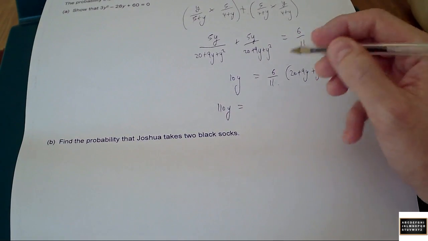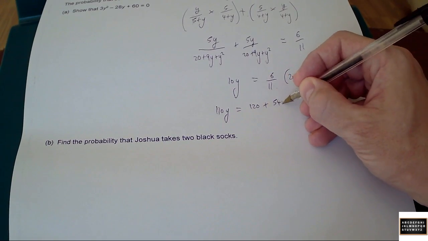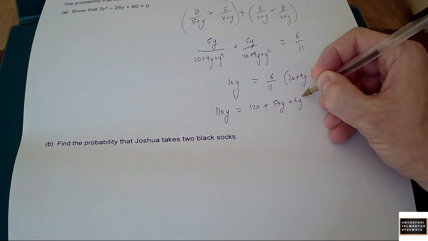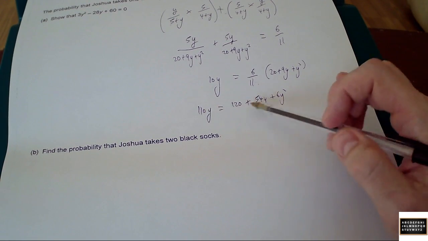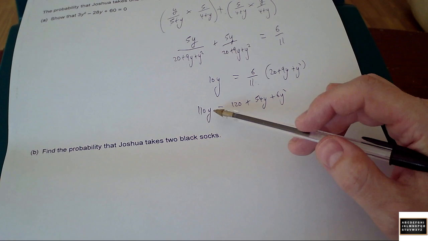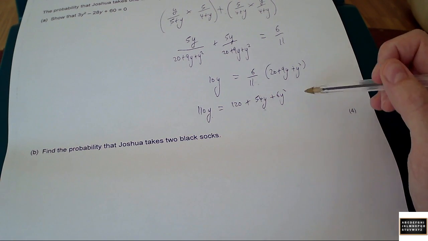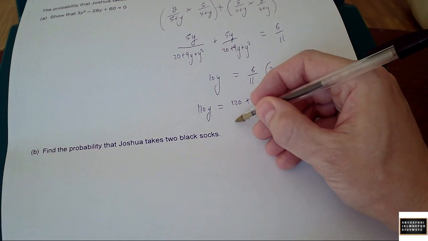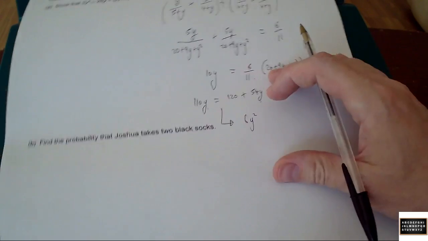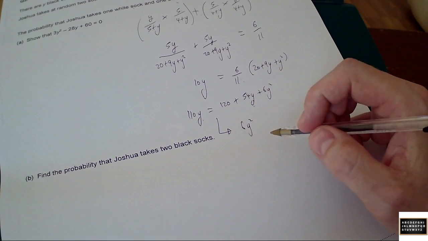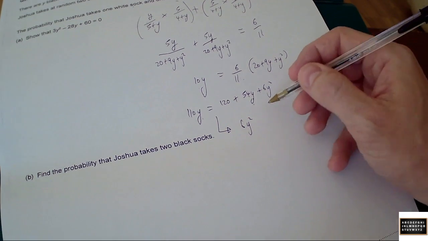And then I'm going to multiply out these brackets, 120, 9 sixes are 54, and then 6Y squared. And now I'm going to divide everything by 2 because I can see everything divides by 2, carefully. I'm also going to bring the 110Y over here to get everything together. So it would be, in this case, 6Y squared, 54Y take away 110Y will be minus 56, right?